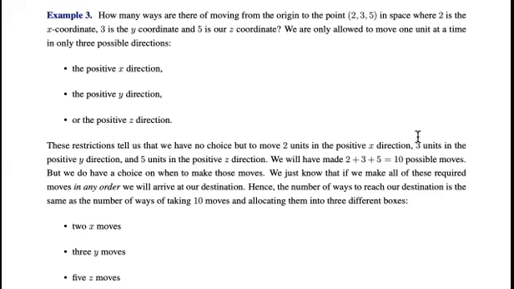I guess the only question then is, which order do they go in? So do we do one of these, then one of those, then one of those, or intermix them? How many different ways are there of intermixing all these things to get from one point to another? At least we know we have to make 2 moves that way, 3 moves that way, and 5 moves that way, right?